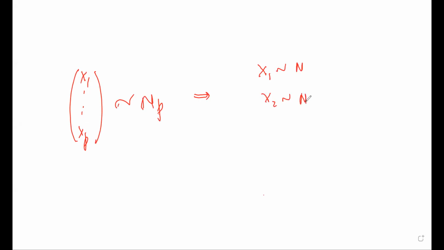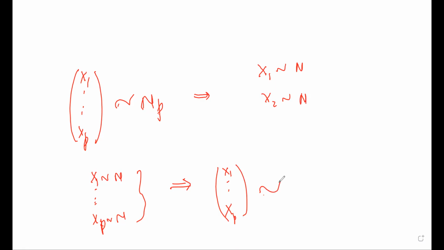But if you have separate univariate normal ones, then by putting them together, if you create a vector, that's not going to be multivariate normal, right? That was the remark. But you can see there's a small contradiction with that one.